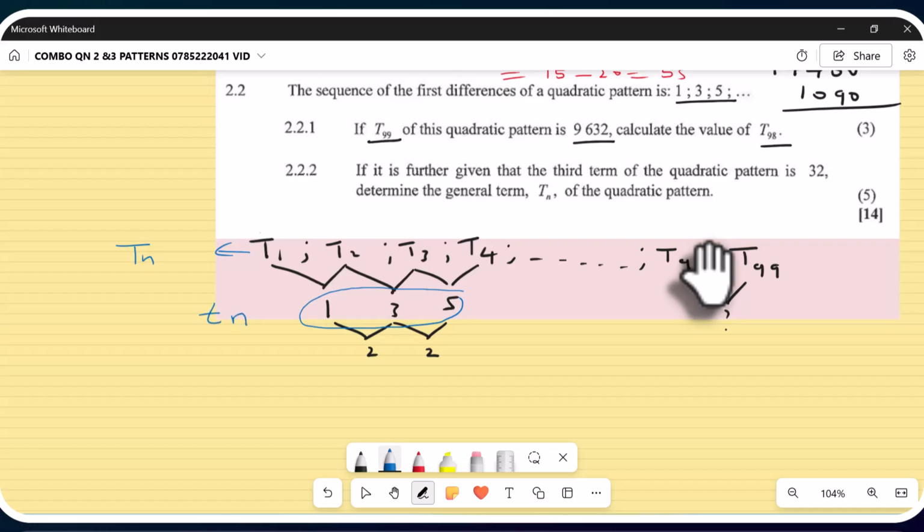It's going to be the first term, which is the 1 here, we saw that 1, then plus n minus 1, times the common difference, which is a 2 here. So you see it gives me 2n, and then 1 minus 2, then minus 1 here. So that's my tn, and this tn is for this one here.